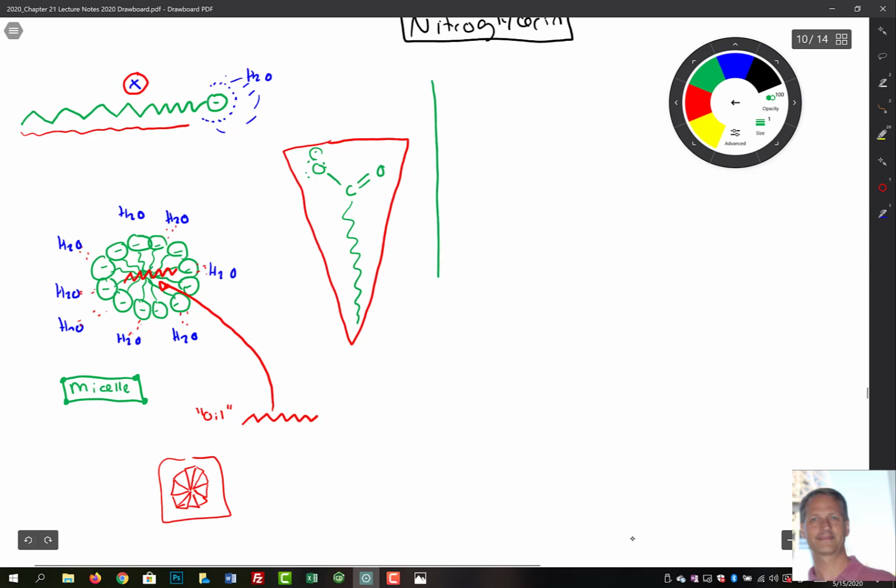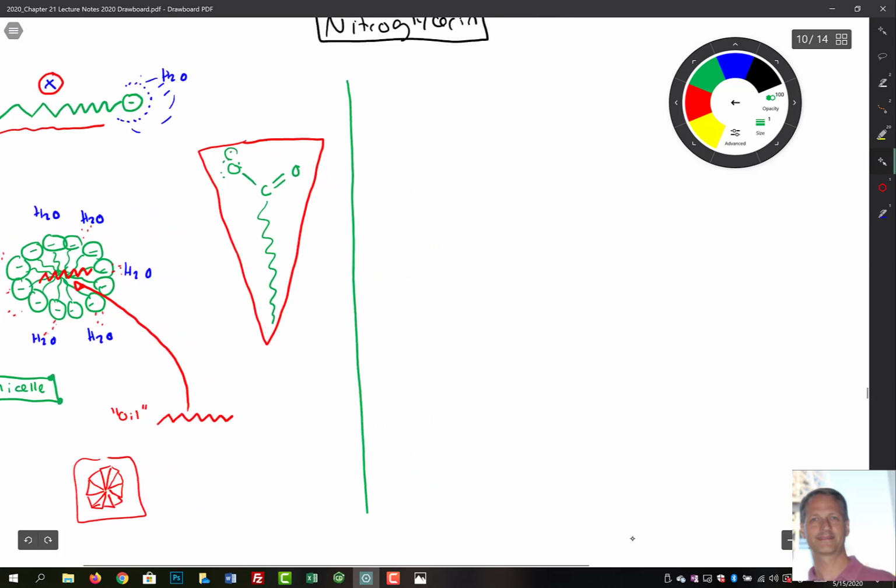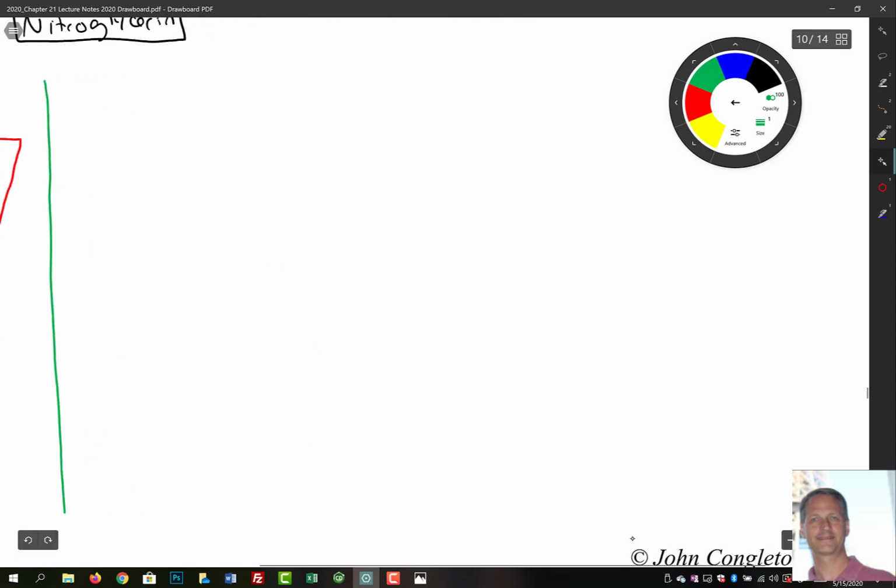Now, phospholipids, on the other hand, they kind of have the same general principles as having a polar head group and these non-polar tails. So, without drawing the exact structure of a phospholipid, phospholipids look like this. So a phospholipid is a fatty part that has a phosphate group on it.